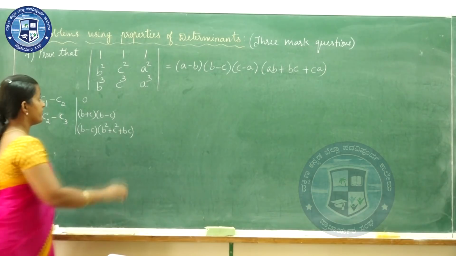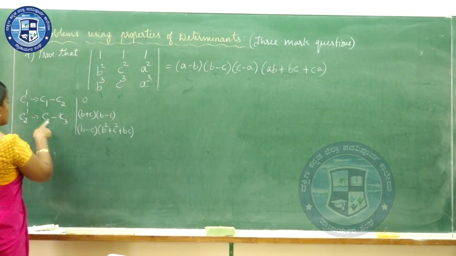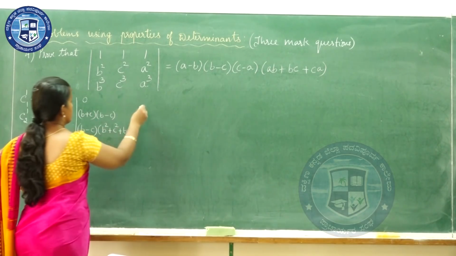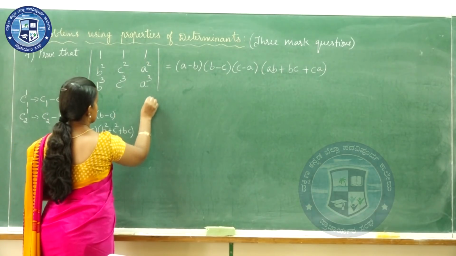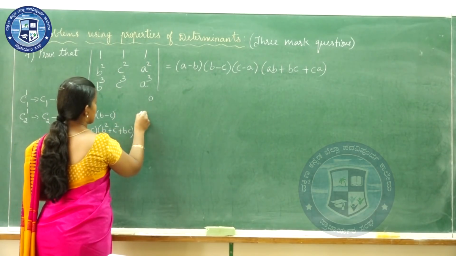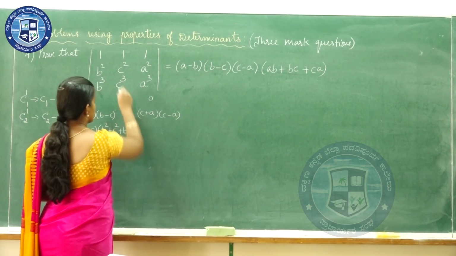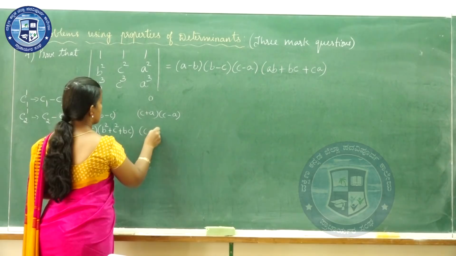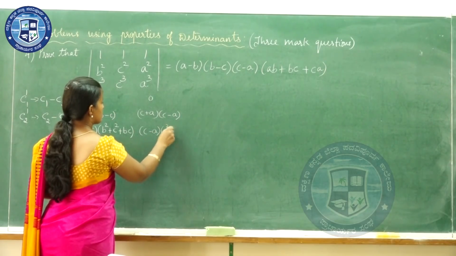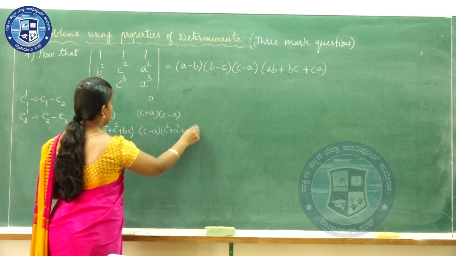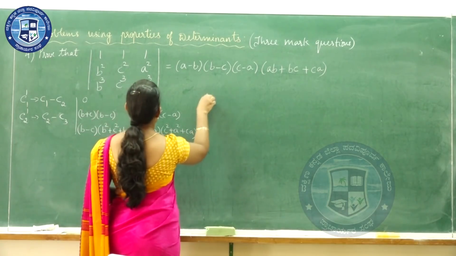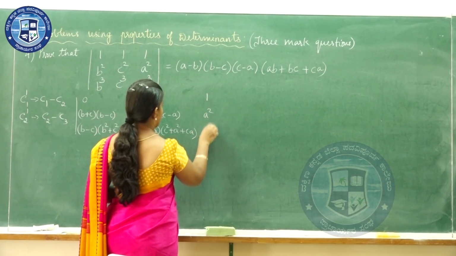Okay. Next, column 2 is replaced with column 2 minus column 3. So 1 minus 1, 0. C square minus a square is c plus a into c minus a. C cube minus a cube is c minus a into c square plus a square plus ca. The last column as it is, 1, a square, a cube.